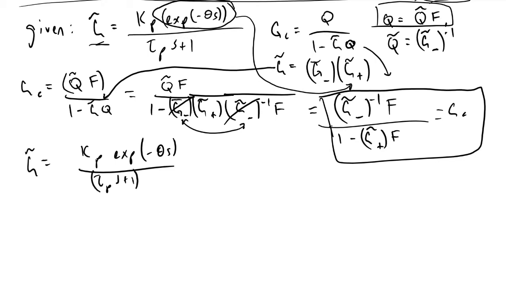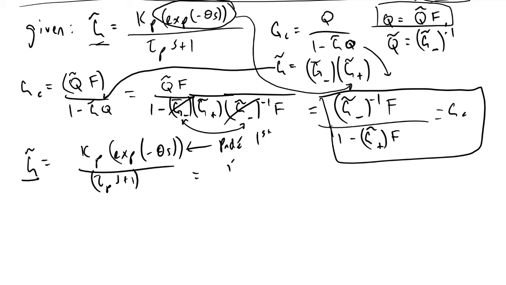We're going to decompose G tilde into two separate functions, and we're going to multiply them together. We're going to use a first order Padé approximation in order to approximate this exponential term here, which represents the time delay or the dead time in our system.